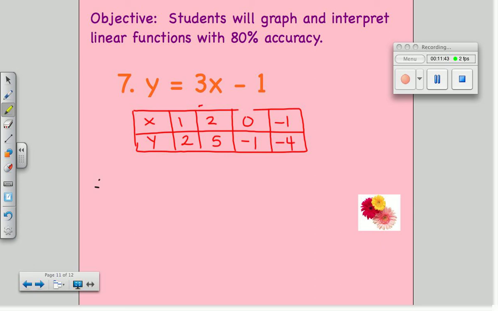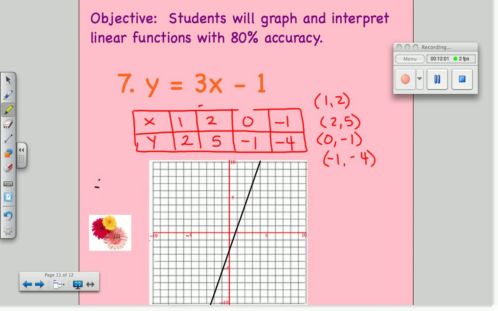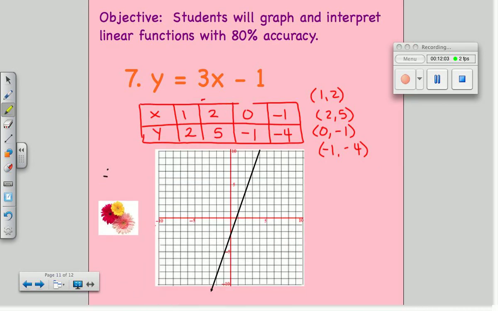Okay? Now I have my coordinate pairs. I have 1, 2. I have 2, 5. I have 0, negative 1. And I have negative 1 and negative 4. Now let's graph those. So let's see what we have here. 1, 2, 1, 2, close. 2, 5, 1, 2, 1, 2, 3, 4, 5.